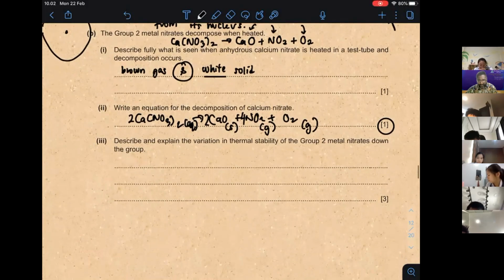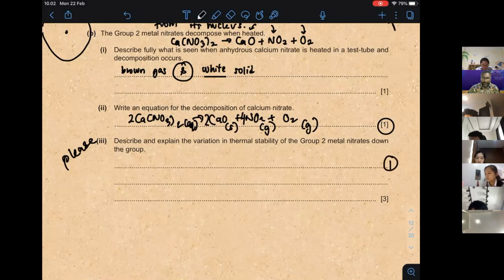Now, describe and explain the variation in thermal stability of the nitrates down the group. Now, this one, please remember, this is not an AS question. If they ask you about this question in AS, they will give you only 1 mark.